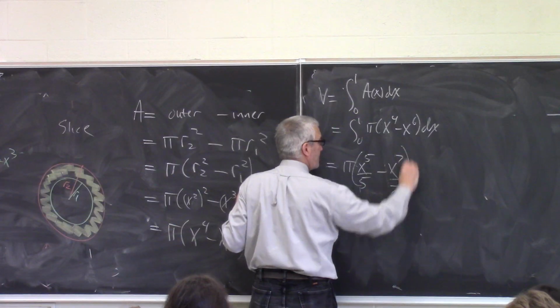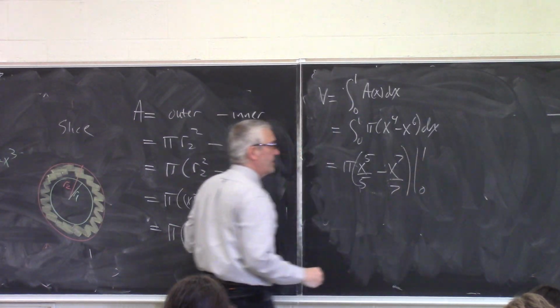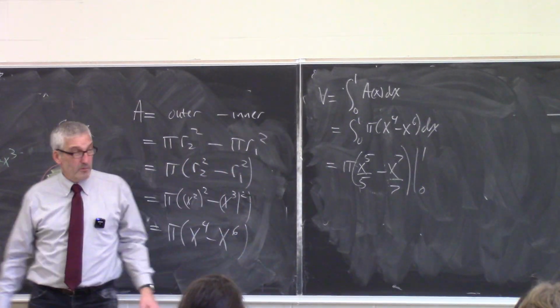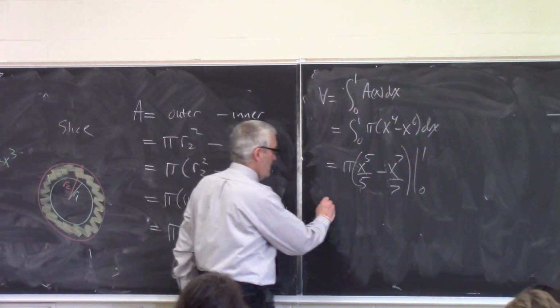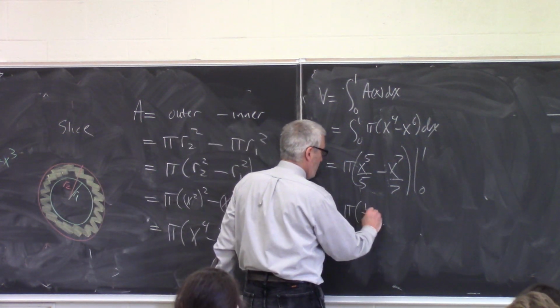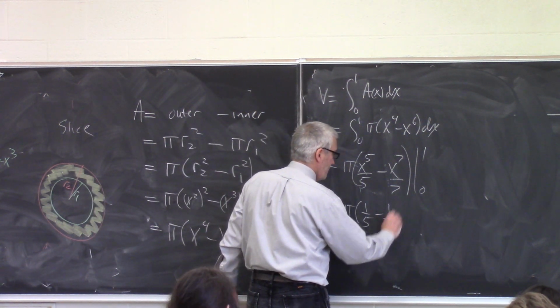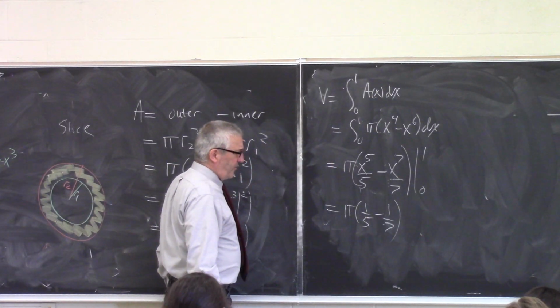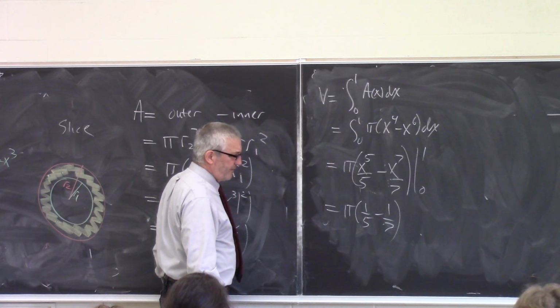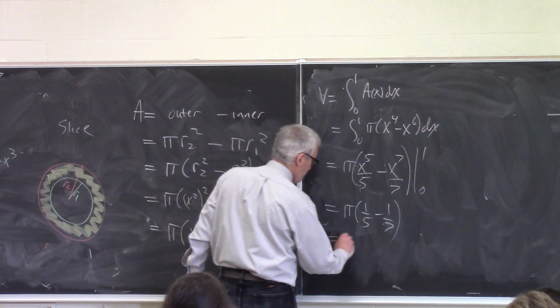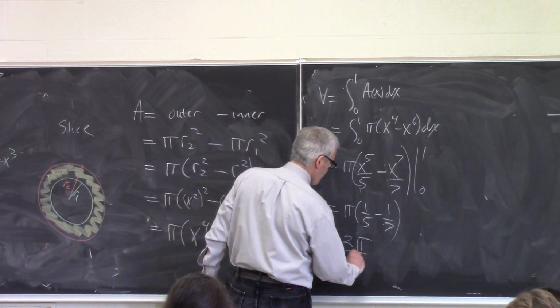That's all got to be in parentheses, evaluated from 0 to 1. So that's going to be pi times 1/5 minus 1/7. So that's 7/35 minus 5/35. So 2 pi over 35.